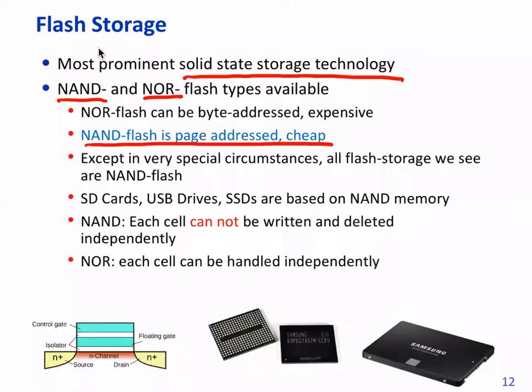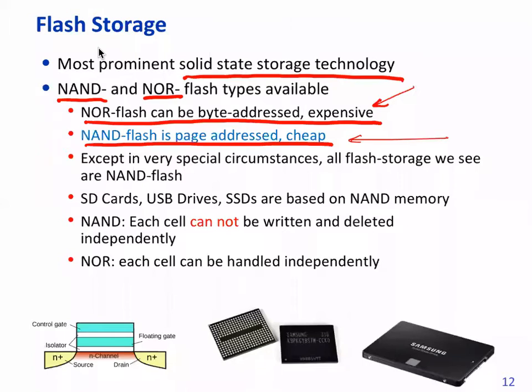NOR type has some unique properties, like it is byte addressed. Even individual bytes you can address, like in case of RAM, but they are extremely expensive. While NAND flash is page addressed, the minimum unit that you can read or write is a page. So the technology is cheap.